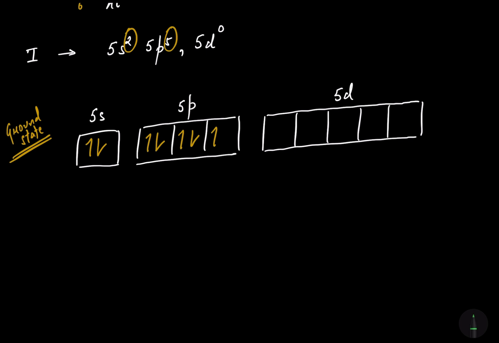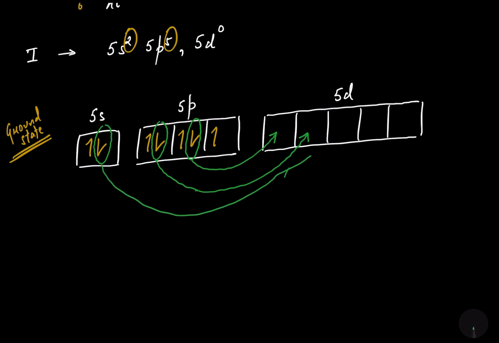So what's going to happen? The 1 electron from 5p will get excited from 5p to the 5d. Now the second electron from 5p which got paired up will also excite from 5p orbitals to the 5d orbitals. After that, the 1 electron from 5s will excite from 5s to the 5d orbital.